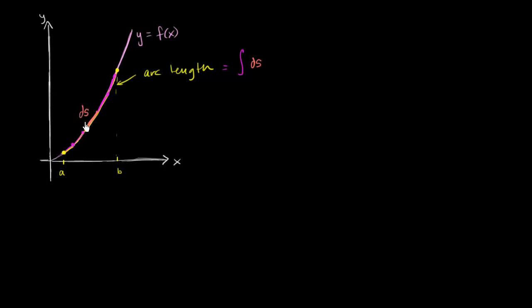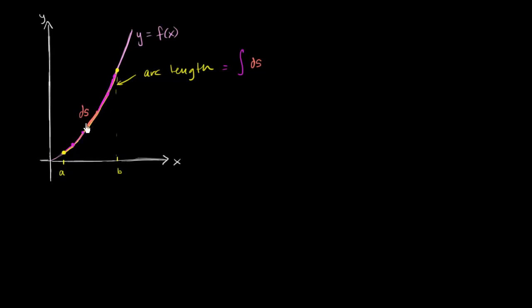So if we go on a really, really small scale, once again, we can approximate this as a line. Just the way that we approximated area with rectangles at first. If you have an infinite number of infinitely small rectangles, you're actually finding the area of a non-rectangular region. And similarly, we're approximating with lines here, but they're infinitely small and there's an infinite number of them. You are actually finding the length of the curve.